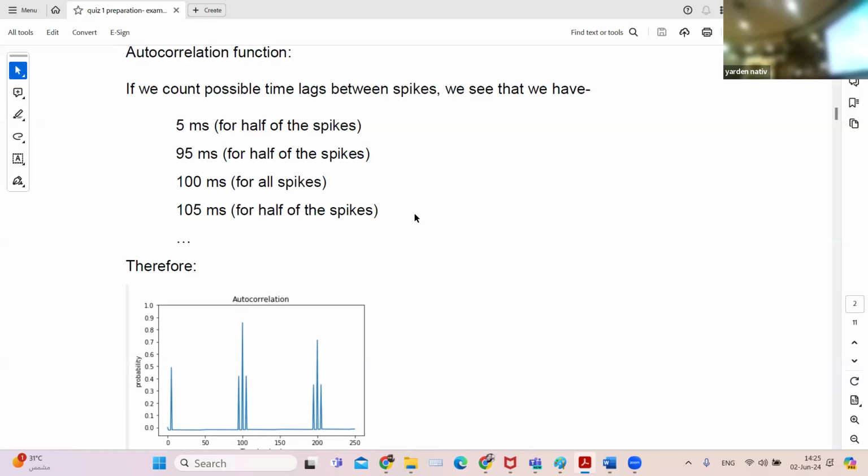But if it only happens for the second spike with the fifth spike, right? And we're looking at one period. If we look at one period, it means we look up to 100, right? Because that's when we complete the period. But then, if I'm stopping at 100 and I add 195, how do I know how to count?